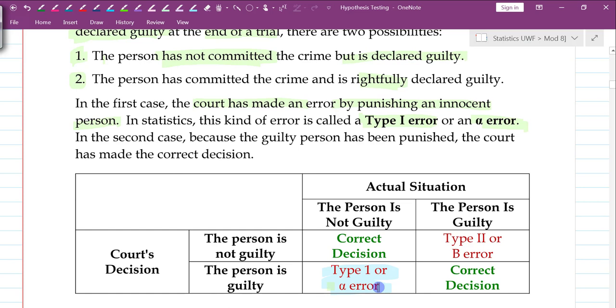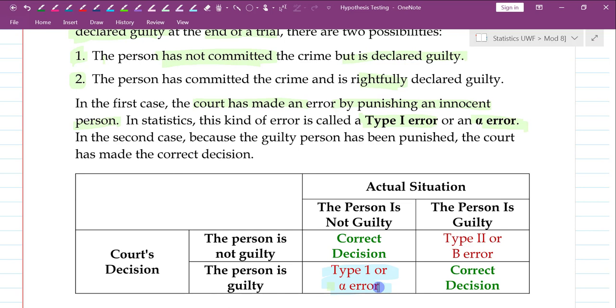That's one of the reasons why in the United States we have the court system set up the way we do. It says you are innocent until you are declared guilty. That beyond any shadow of a doubt, you are declared guilty. The court system in the United States would rather err and let a guilty person free than to lock up an innocent person.